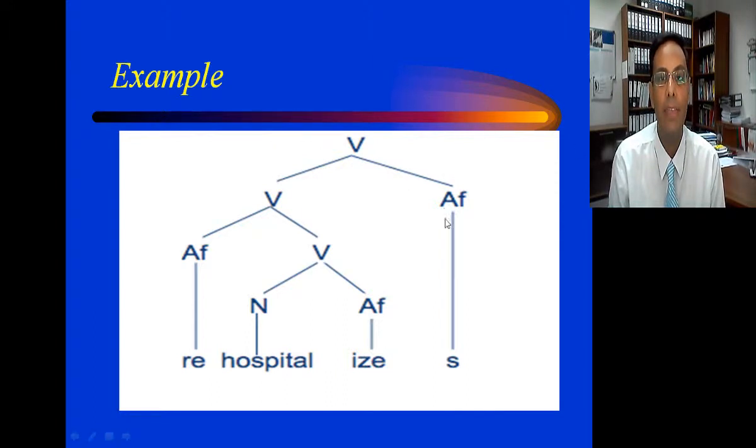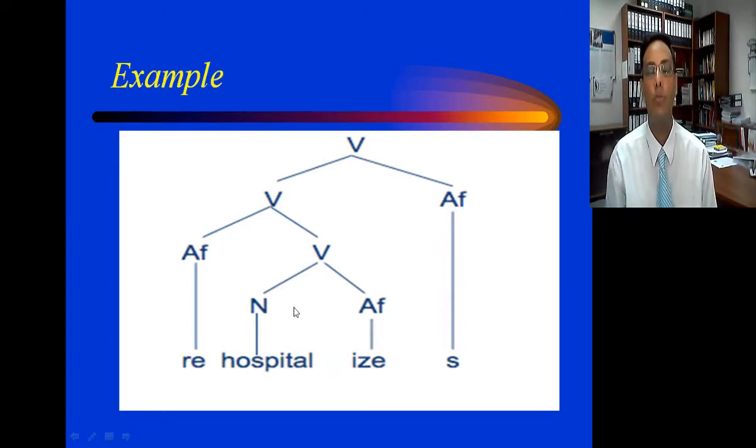Then we add the -s, which is inflectional, and it is a suffix. It is an affix. So you see here the verb is composed of the verb rehospitalize, and rehospitalize is composed of the verb hospitalize, and hospitalize is composed of the noun hospital.